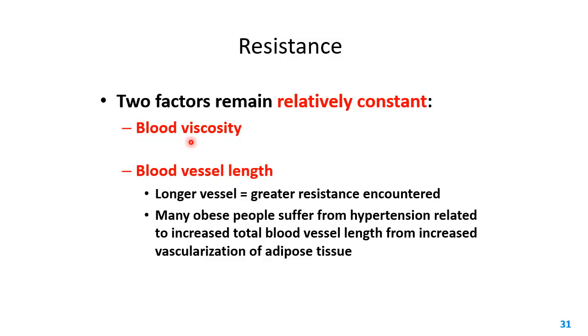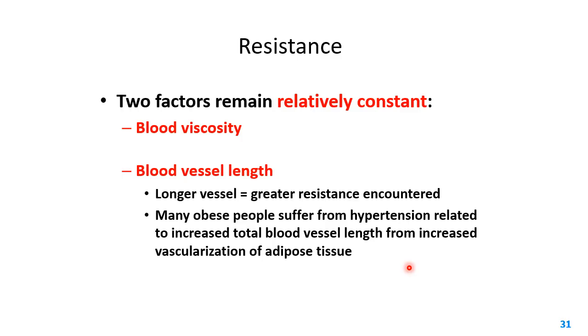Usually that is kept constant the same way that the blood vessel length is kept constant. But what is the idea here of the length and resistance? The longer the vessel, the more the resistance. So if you have very long blood vessels, you're going to have to push harder for the blood to flow.